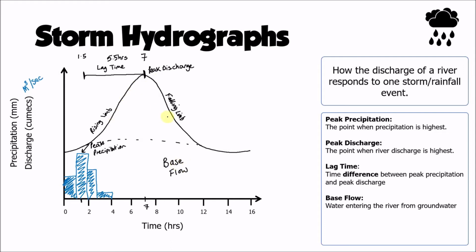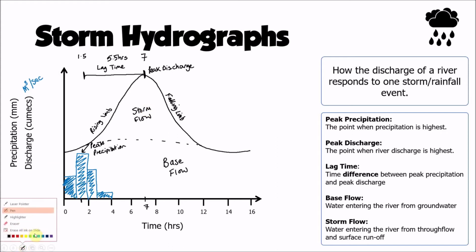All of this bit above the base flow, this is what we refer to as storm flow. This is all of the water that is reaching the river either through throughflow, which is the movement of water through the soil, or the water reaching through surface runoff. So in this case, we can see that as a result of that rainstorm, we have quite a large amount of storm flow.